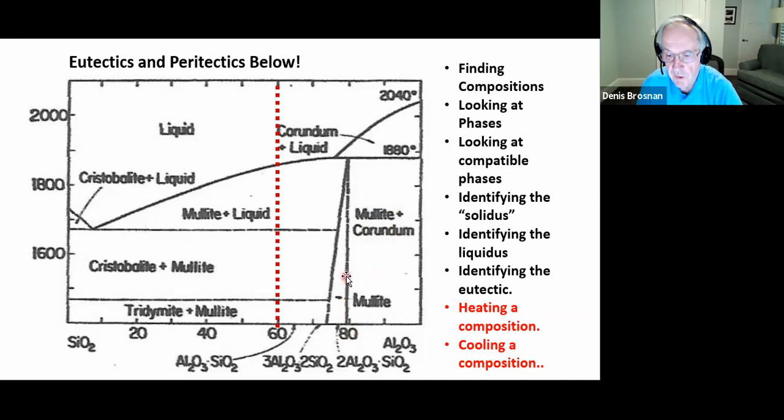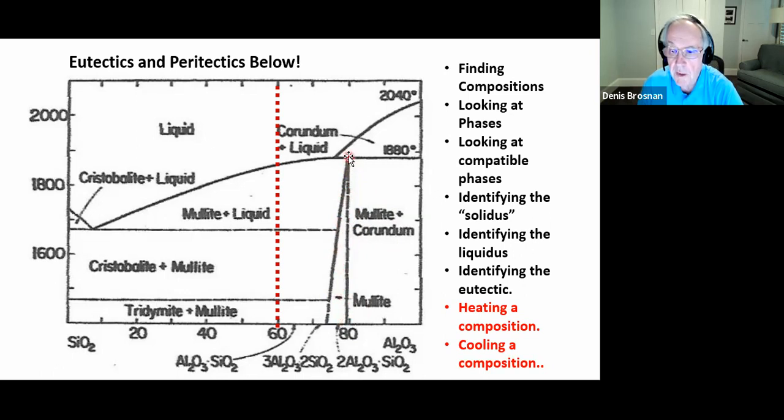And then there's a compound right in the middle at about 72% alumina or thereabouts. We start forming mullite. So this little triangle represents mullite. It's wide because there can be some solid solutions between alumina and mullite. But nevertheless, mullite is a compound.